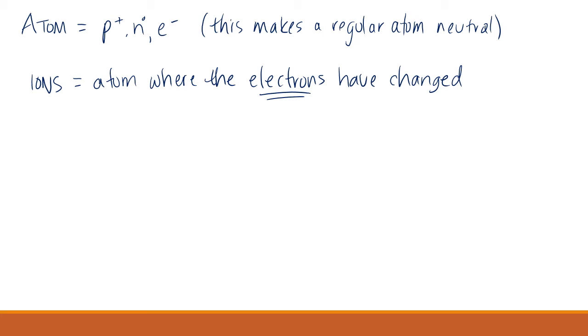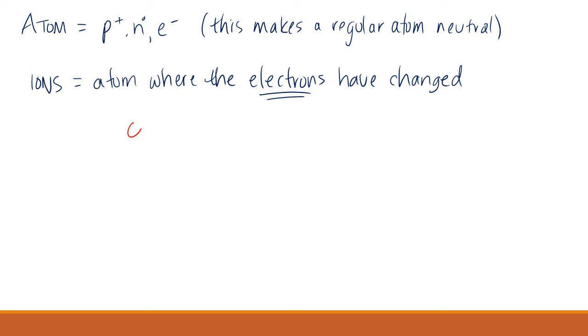Now, just like isotopes had fancy ways of writing them so we would know that had happened, the same thing is true here. If we have an ion, we're going to know that we have an ion because the positives and negatives are no longer going to cancel each other out, and we're going to see the element written with a charge. It's going to be really obvious.